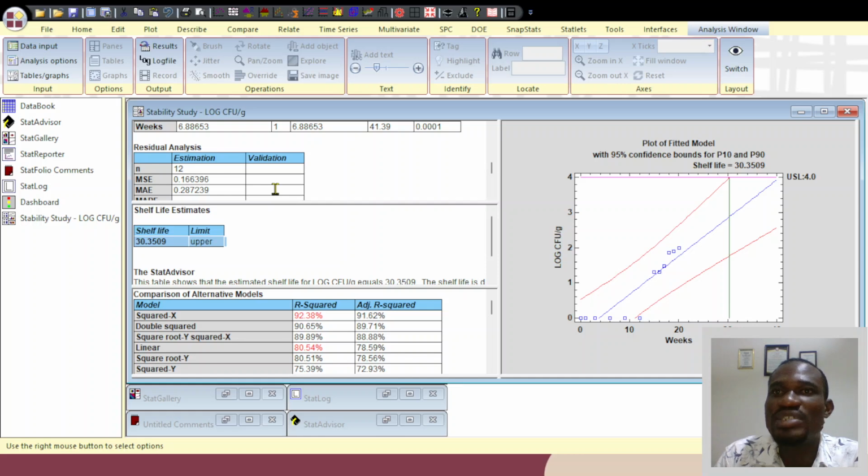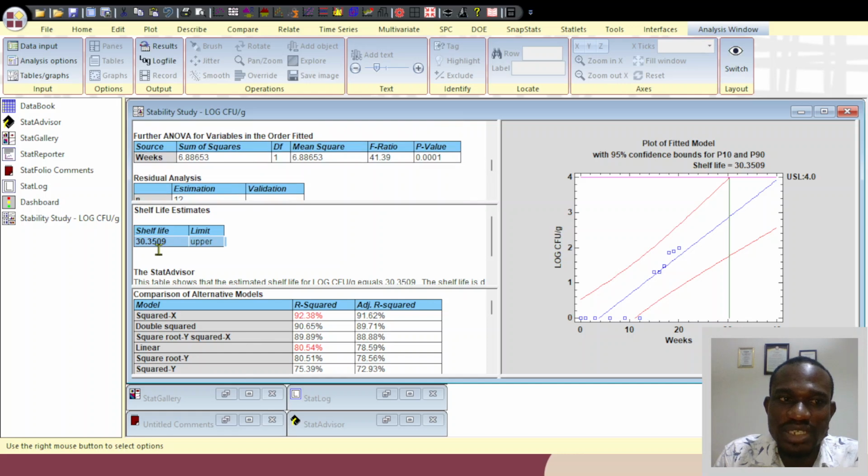If your duration was in weeks, which in this case, the data was in weeks, this is 30.35 weeks. So we can approximate it to 30 weeks. That is to say that the product has a shelf life of about 7.5 months for this particular pastry product.